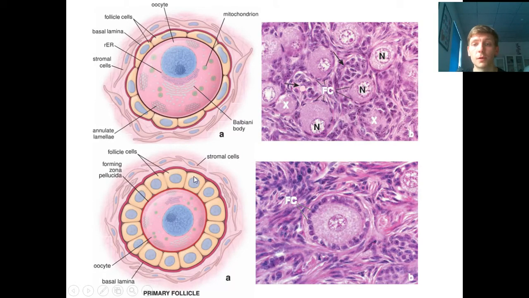It's a late primary follicle. So you see they are surrounded, and we have the first attempts to form the zona pellucida. It's not zona pellucida yet. It's just connective tissue fibers embedding here, but they are not thick enough to insulate the influence of follicular cells on the oocyte.